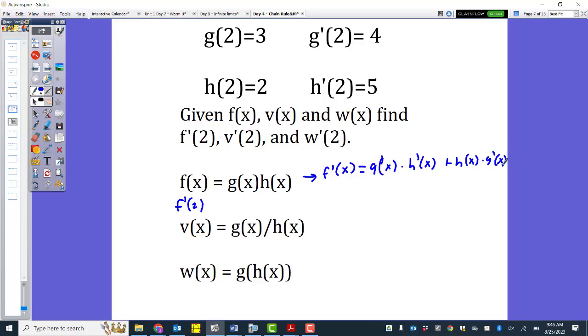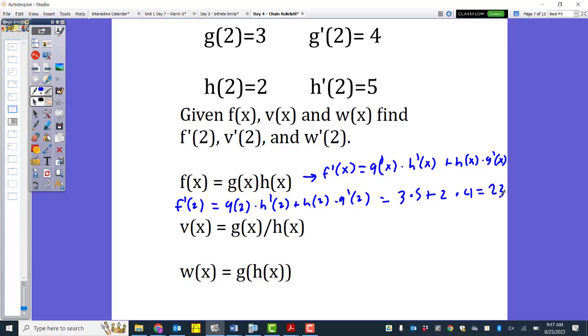And then we can plug in 2 to these. So it's g of 2 times h prime of 2 plus h of 2 times g prime of 2. And that's all information we have up here. G of 2 is 3, h prime of 2 is 5, h of 2 is 2, and g prime of 2 is 4. So we end up with 15 plus 8, which is 23.